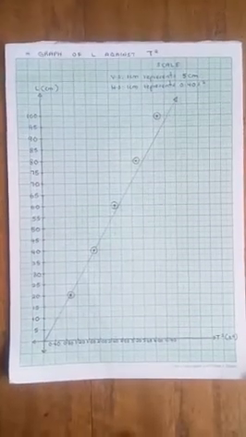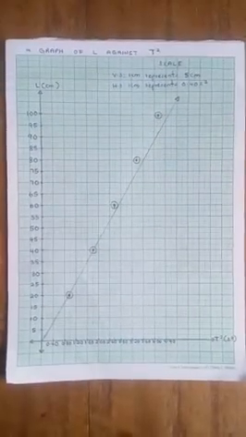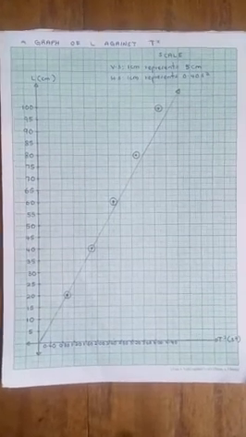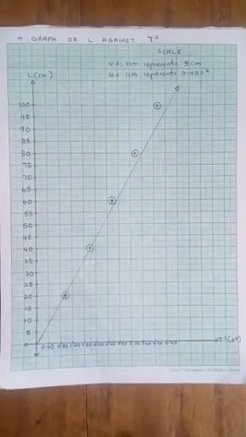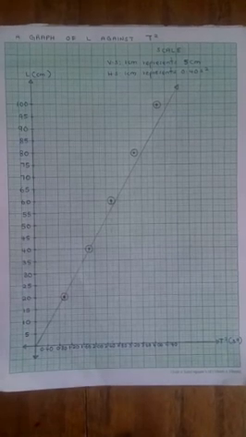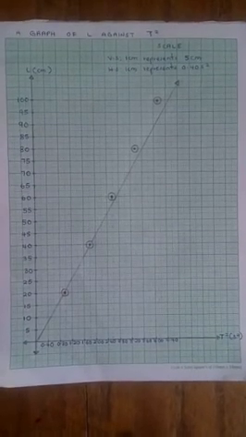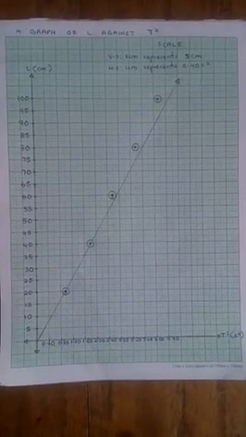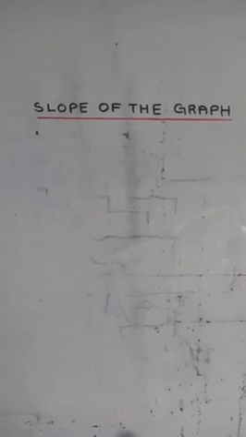A graph of L against T square. Slope of the graph.